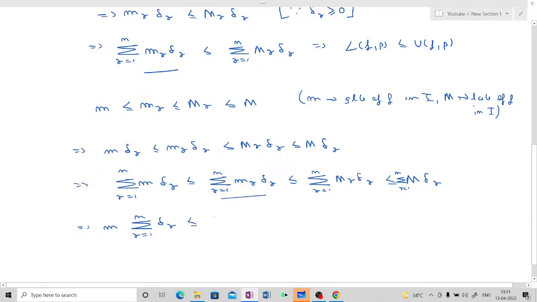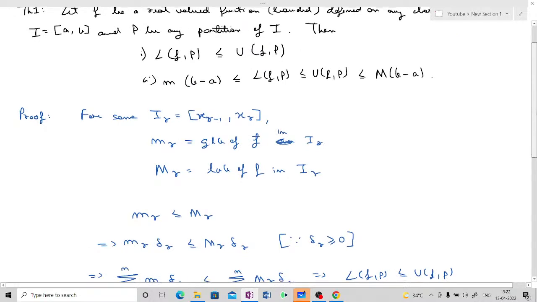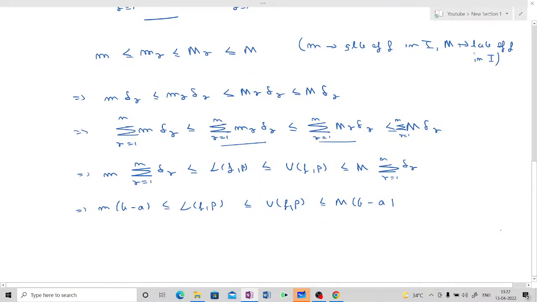This is the L(f, P), this is the U(f, P), and the same thing happens here also. What is summation of delta r? b minus a. So m times (b minus a) is less than or equal to L(f, P), less than or equal to U(f, P), less than or equal to M times (b minus a). Okay, so we have proved these two theorems.